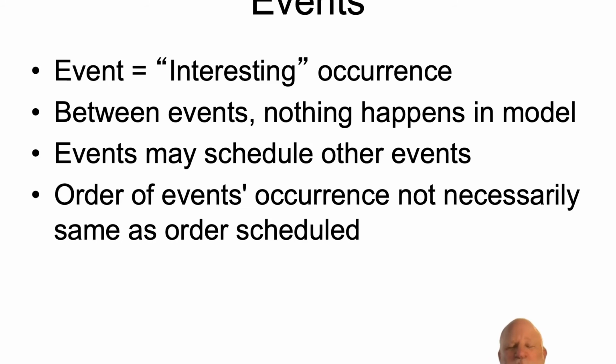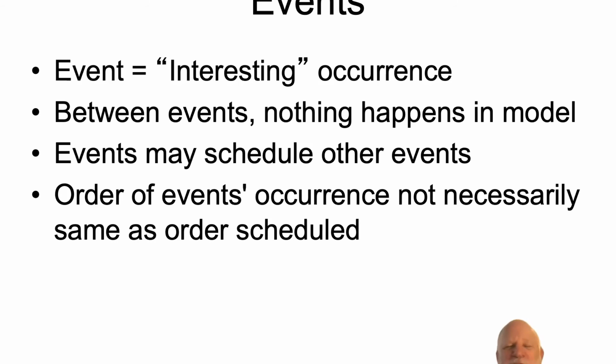So that's an example of one event scheduling another event. The order that events occur may not necessarily be the same as the order that they're scheduled in. For example, I may launch one missile, which has a long distance to go, and a while later I may launch another missile that has only a short distance to go.